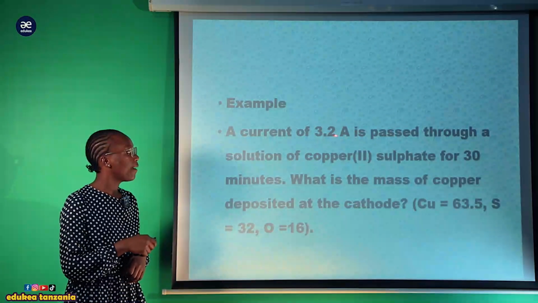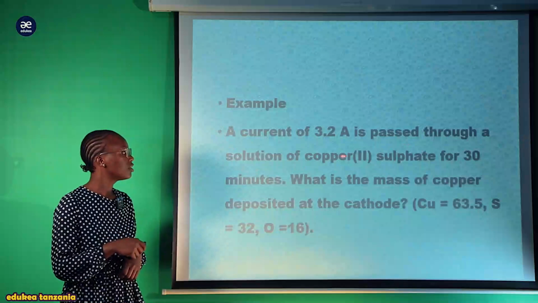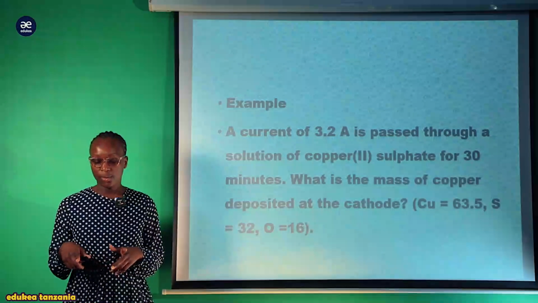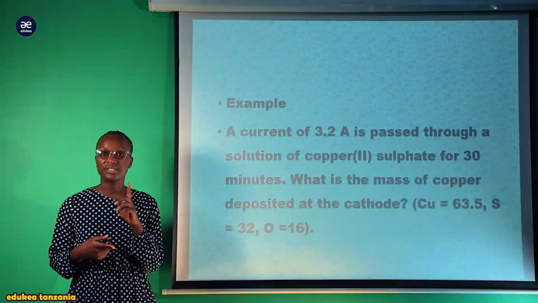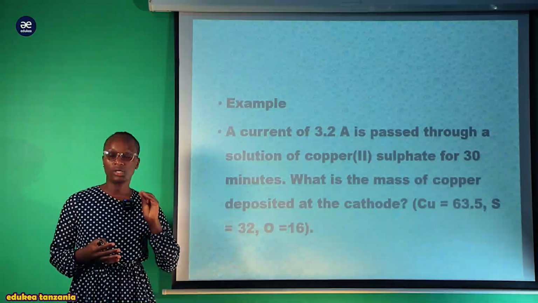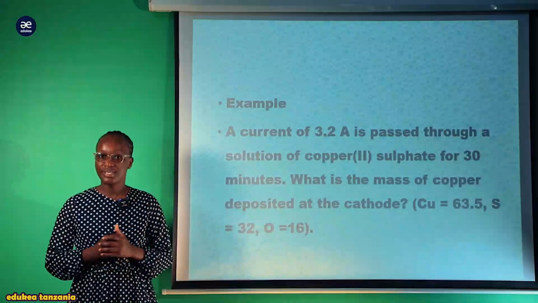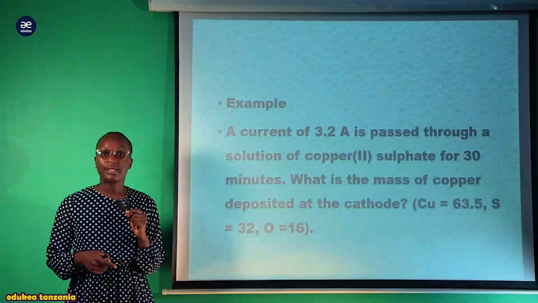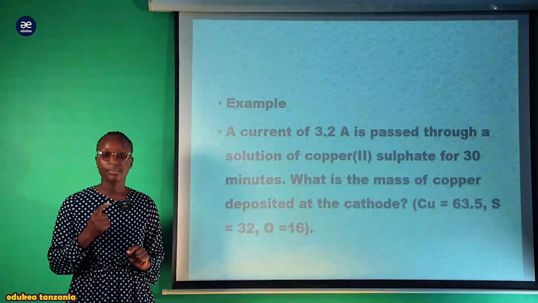Now 1 Faraday discharges 1 mole of silver ions or 1 mole of sodium ions. For instance, you can see here these are the ions of silver. Now it is reduced to silver metal, as you can see here.